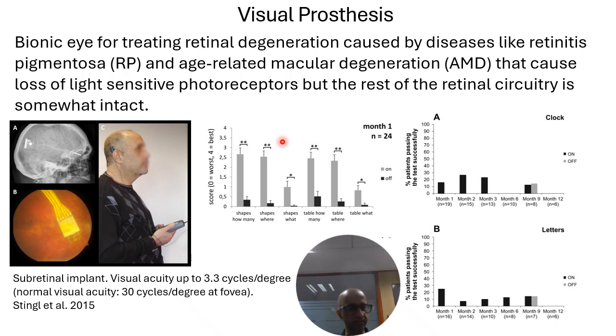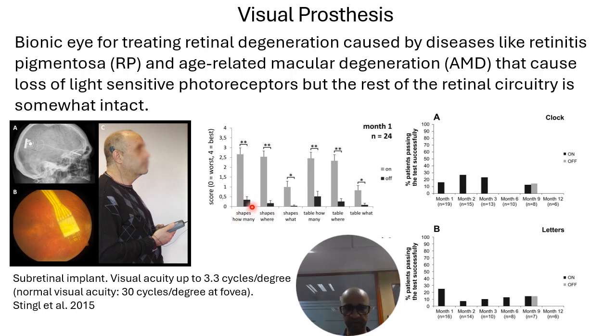So people have experimented with a variety of different kinds of devices, and these devices are able to help blind people with some level of difference. The light gray bar shows when the device is active versus when it is not active. These people can distinguish between different shapes much better when the device is active.